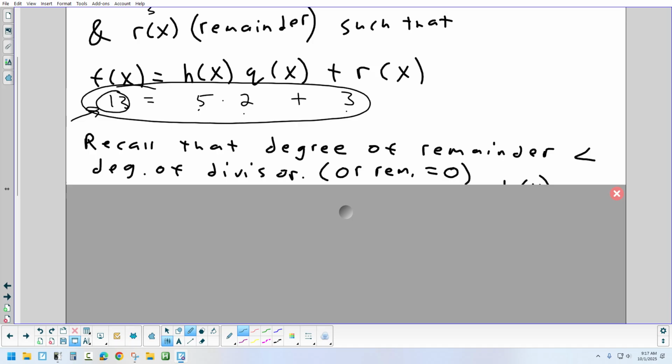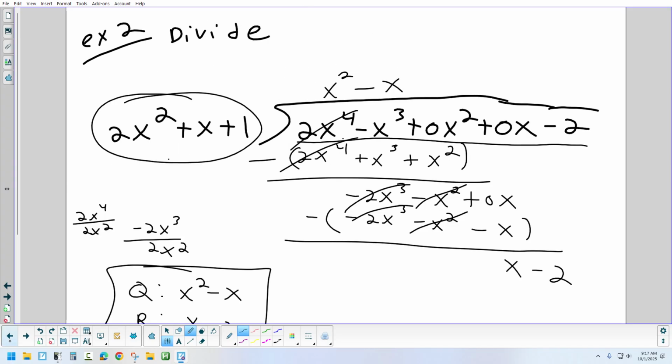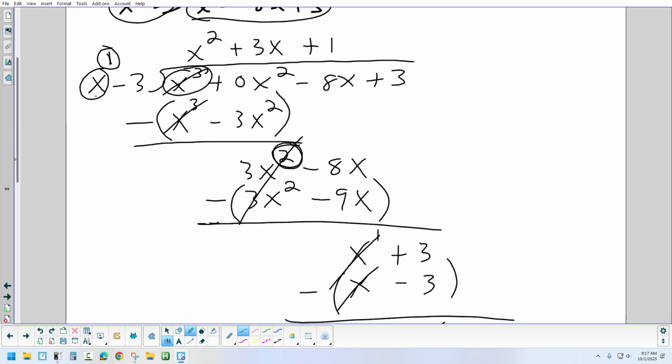So remember that when you get to the end of a problem, one of two things is going to happen. Either the degree on your remainder is smaller than the degree on your divisor, and that's what happened in the last two. Degree on the remainder here is a 1, the degree on the divisor here is a 2. That also happened here.